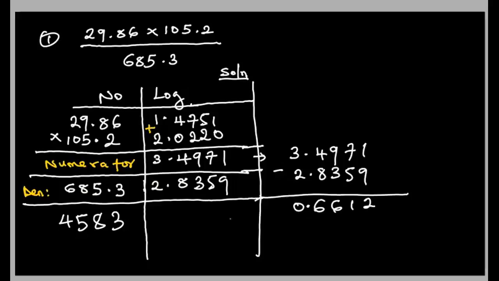So 0 plus 1 is 1, meaning that I'll move forward one time. Anywhere I stop, I put my decimal. So the final answer to this problem is 4.583. This is the value of our anti-log, 4.583. That is the final answer.